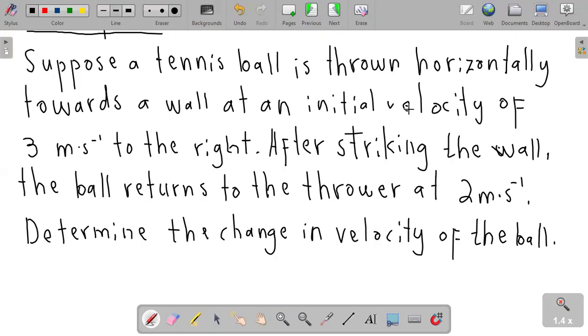So the tennis ball is thrown horizontally towards a wall at an initial velocity of 3 meters per second to the right. After striking the wall, the ball returns to the thrower at 2 meters per second. Determine the change in velocity of the ball.